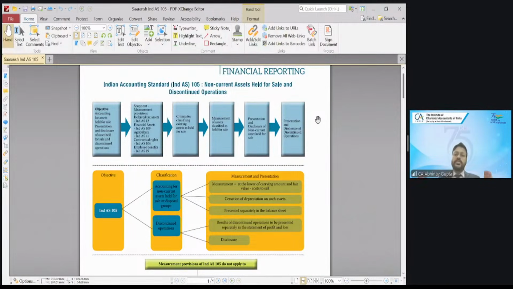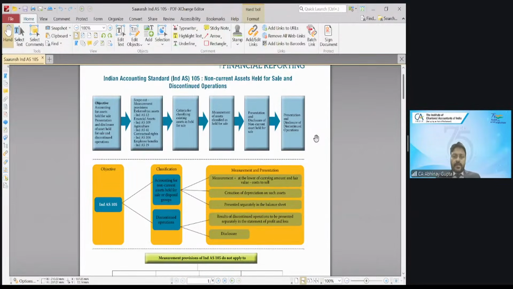So we will be measuring the fair value less cost to sell for all these asset groups, and then comparing that fair value less cost to sell with the carrying amount in my books, and whichever is lower, at that value I will remeasure these assets, right? So that's the requirement triggering from the standard, right?